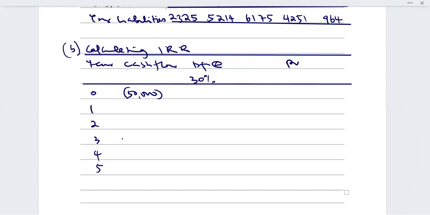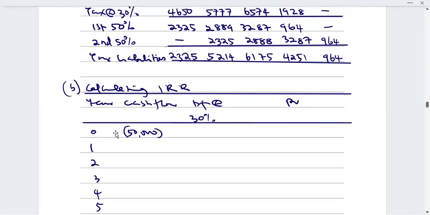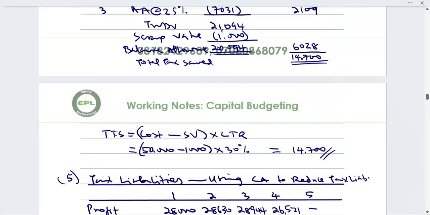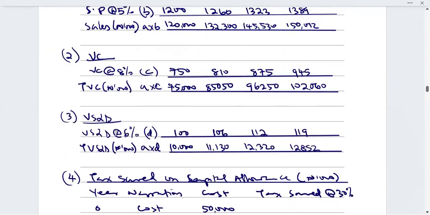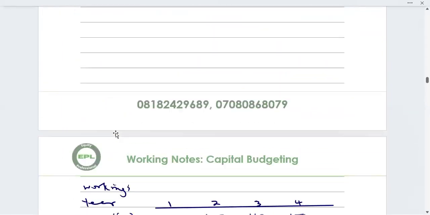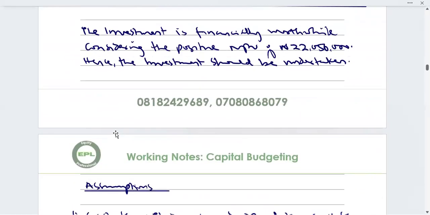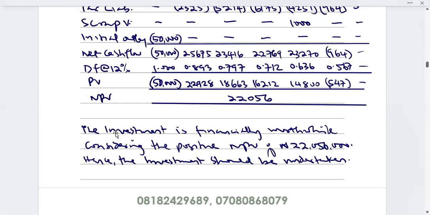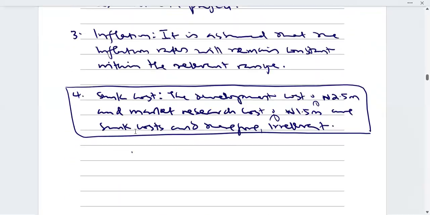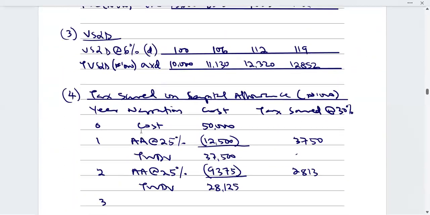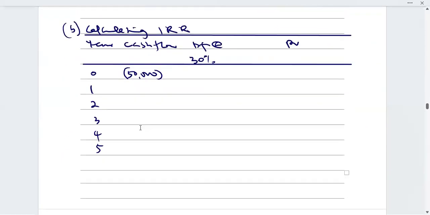Net cash flow of year 1 is 25,675. Year 2, 23,416.